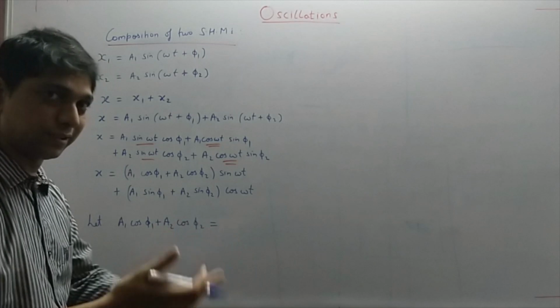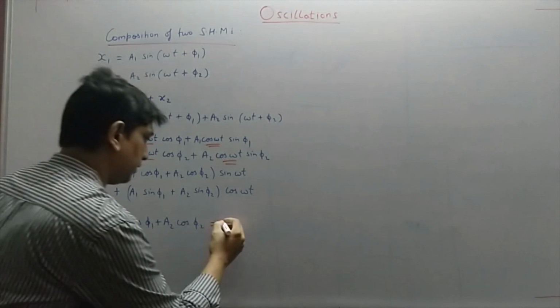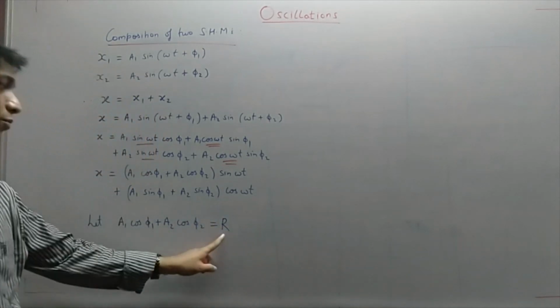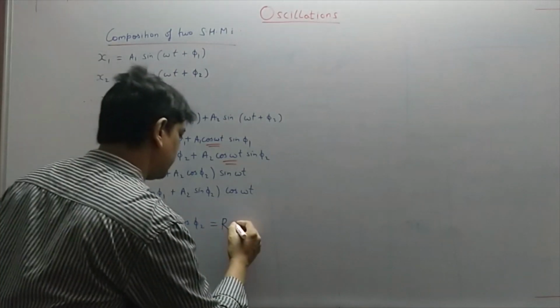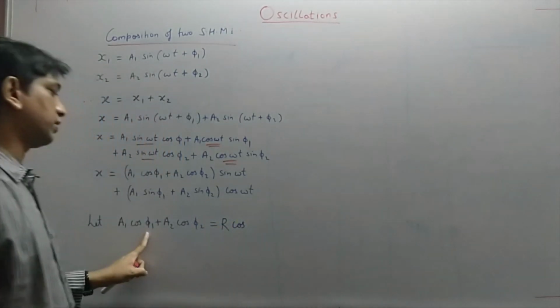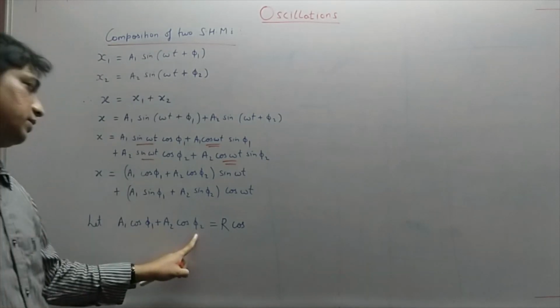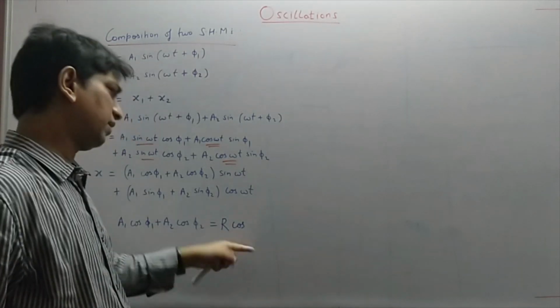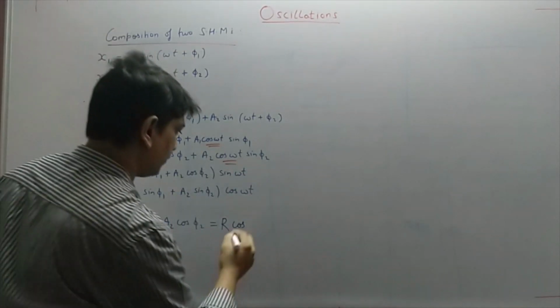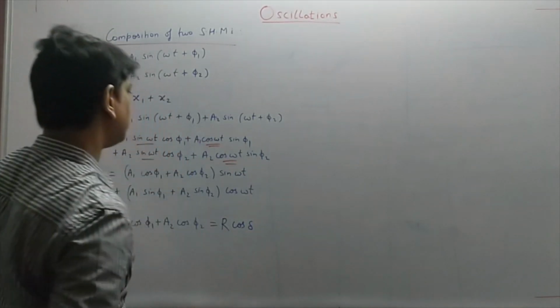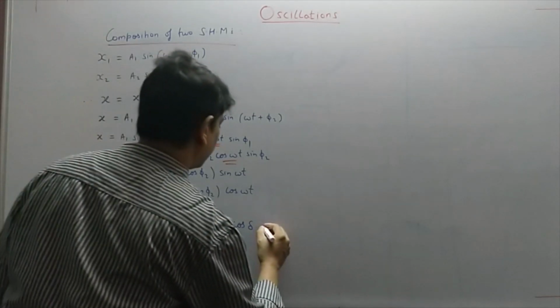So the third resultant, a1 a2, that is called the resultant of both, that is r. It can be more or it can be less amplitude. Cos and cos is there, so we can assume it as cos. And phi 1 was the phase of the first particle, phi 2 the phase of the second particle, and the phase of the third resultant particle, that is delta. So here I am considering this is equation number 1.